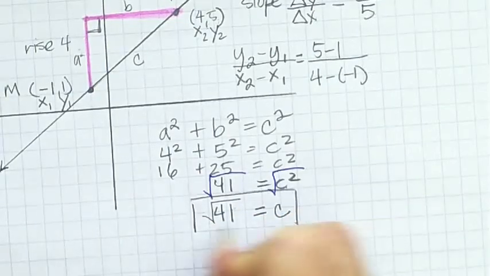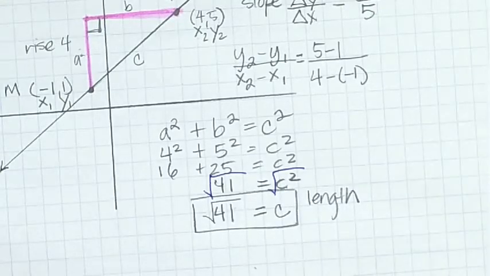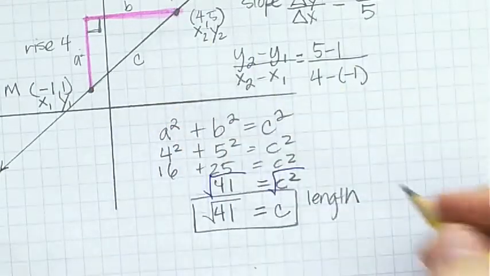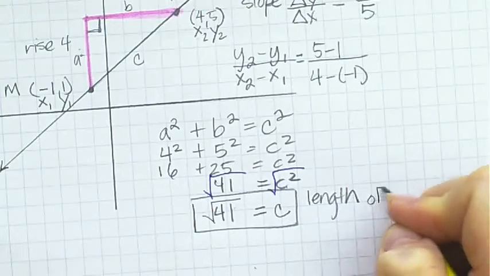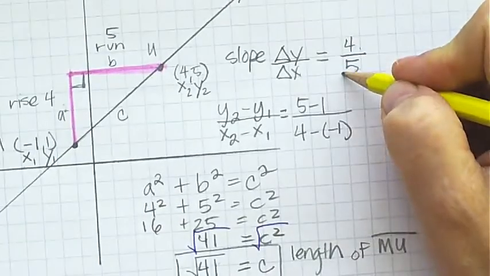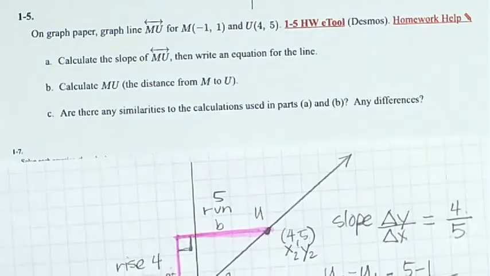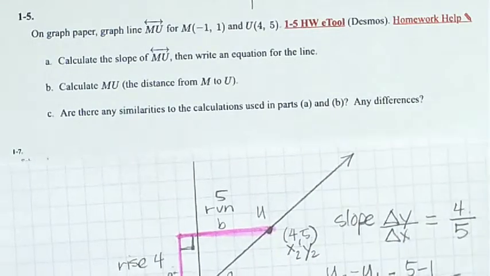Okay, so this is the length, the distance from M to U. And this is the slope of MU. So the next question says, are there any similarities to the calculations that you used in part A and B? Any differences?